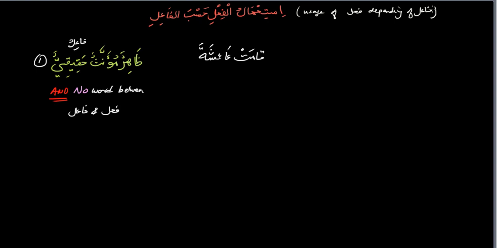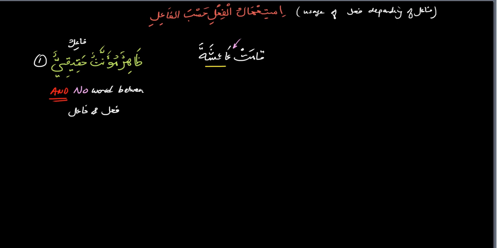So all right, here's the first scenario. Okay, ظاهر مؤنث حقيقي, which is لفظي, you can see the ta marbuta. And you can see there's no word in between the verb, the فعل, and the فاعل.